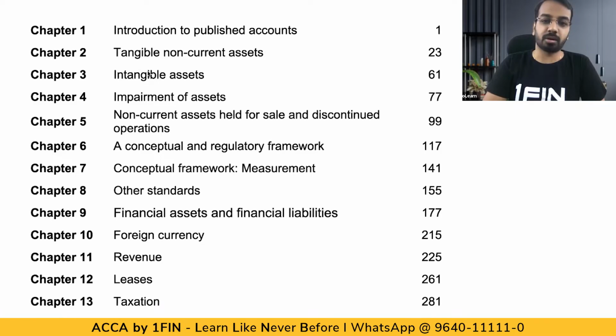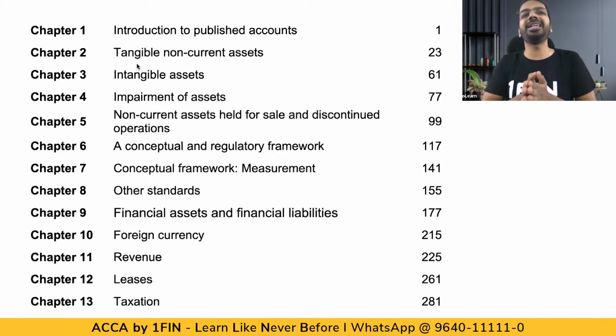You see these topics, tangible assets, intangible assets, impairment, all these chapters are based on IFRS. Again, you are not required to have a very deep knowledge of IFRS, but definitely a good conceptual understanding and a good working knowledge is very, very important.